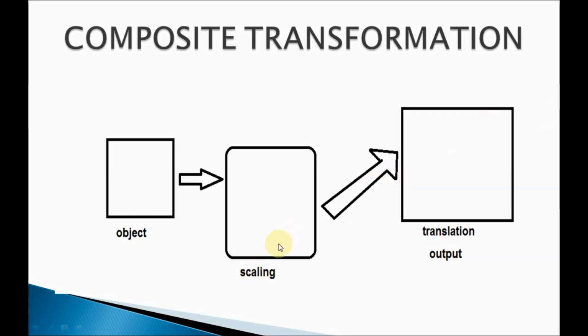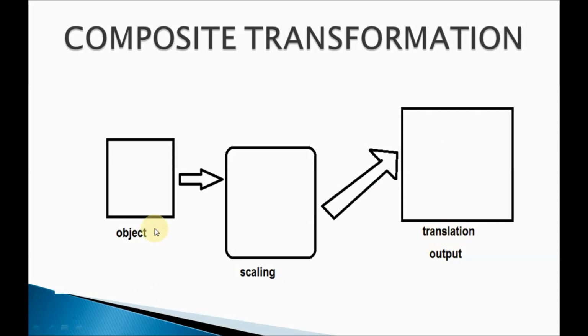Next, after scaling, I applied translation to the square. This is the second transformation. So this is the final output you got after applying two transformations, scaling and translation. So this is a composite transformation.